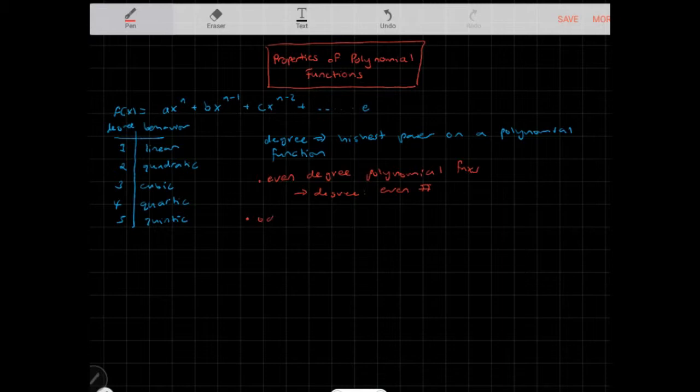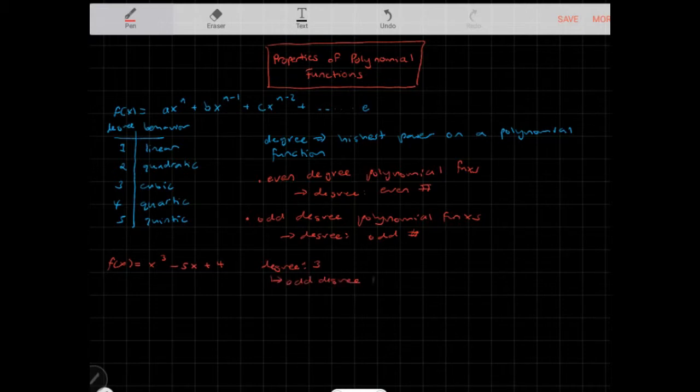And we'll also look at odd degree polynomial functions, right? And basically the degree is an odd number. Okay, so for instance, if we had a function, let's call this f(x) = x^3 - 5x + 4, we can understand that the degree here is 3. It's the highest power on the function, and this essentially would be an odd degree polynomial function.